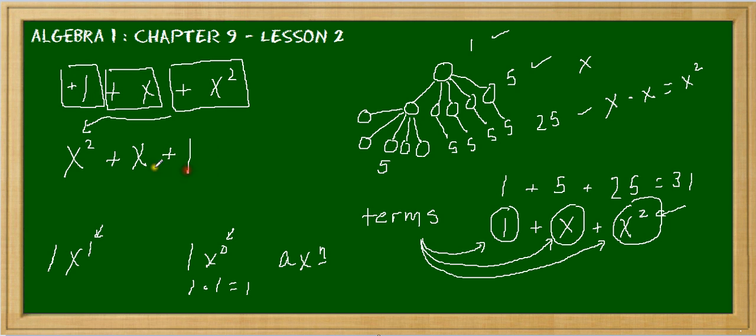So again, notice how I move this around. Now, you have to be very careful. I'm going to show you what would have happened if this had been minus. Let's say that's minus. I would have had to write this as negative x squared plus x plus 1.